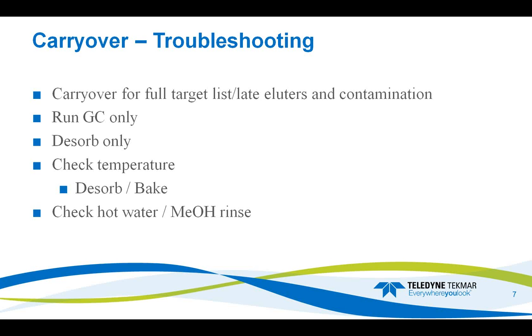If we don't see contamination there, next we would run a desorb only on our concentrator, run the GC, and see what we get. If we see our compounds being carried over during desorb only, then we know that we're not getting adequate cleanup of our analytical trap, or we have compounds hanging up in our transfer line, or they're hanging up somewhere in the associated gas lines that go from the trap to the transfer line to the GC.